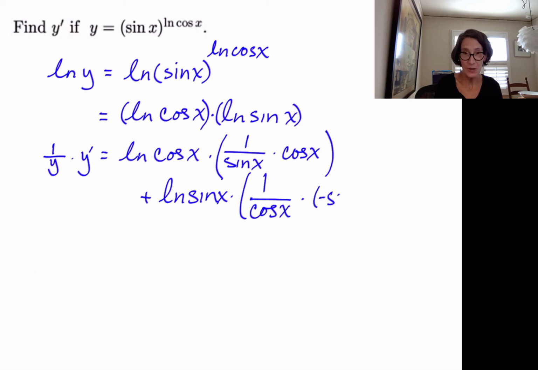So it's going to be 1 over the inside times the derivative of the inside. All right. So now we can simplify that right side a little bit.